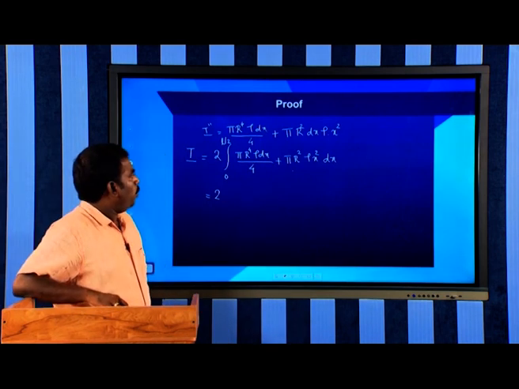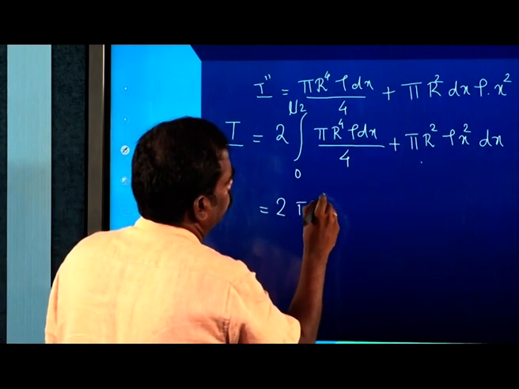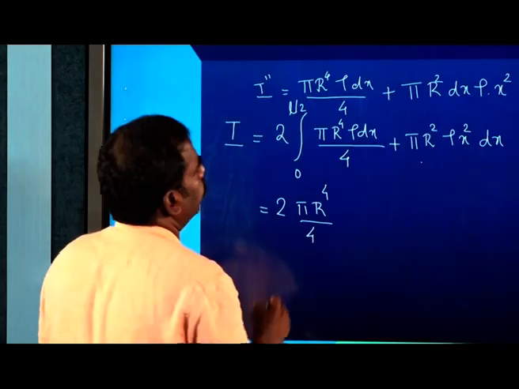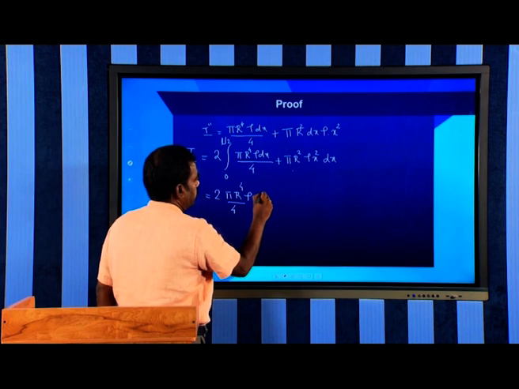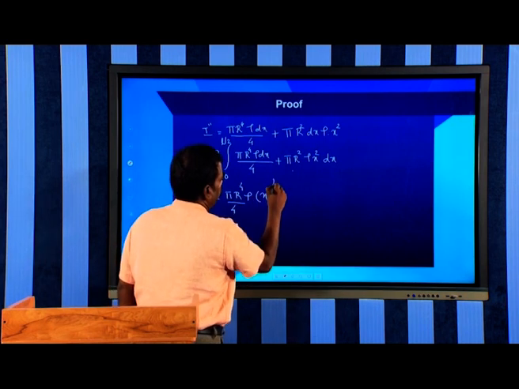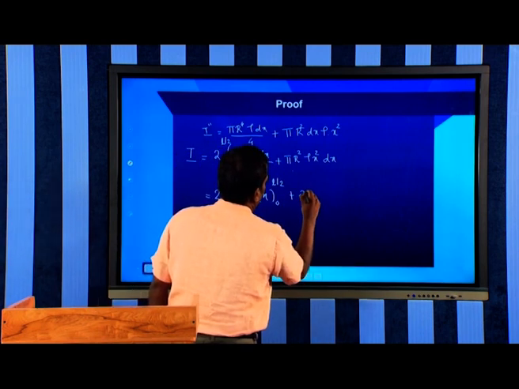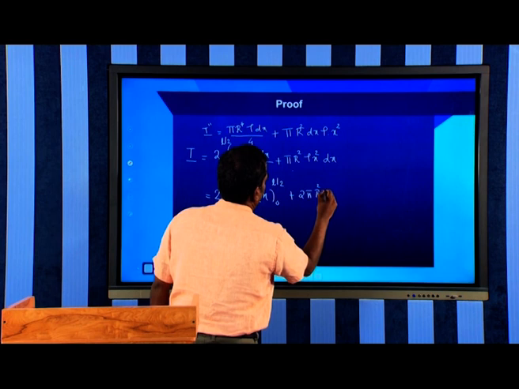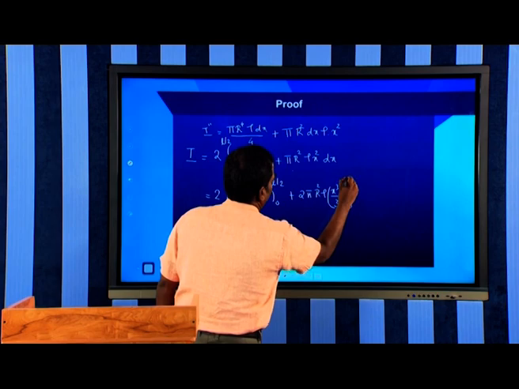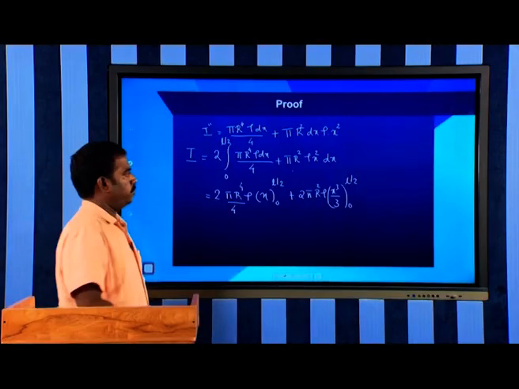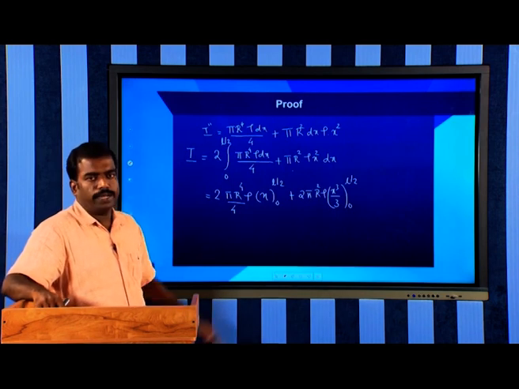So, we can write it as 2 into pi r raised to 4 by 4 rho x within limit 0 to L by 2, plus 2 pi r square rho x cube by 3 within limit 0 to L by 2. Apply the limits here and rearrange and solve.